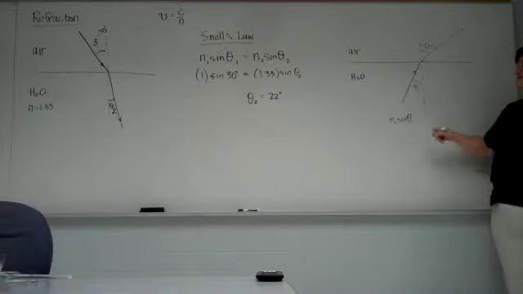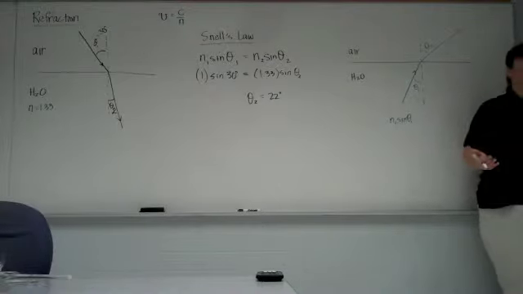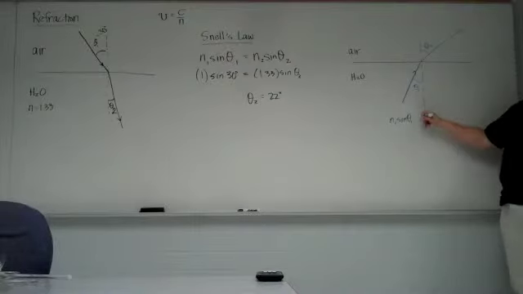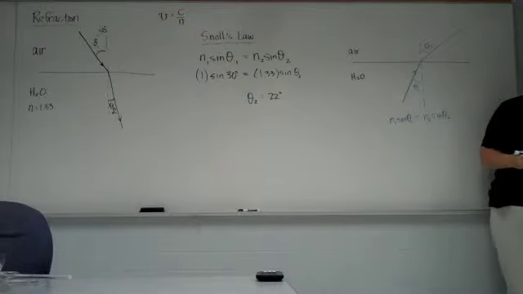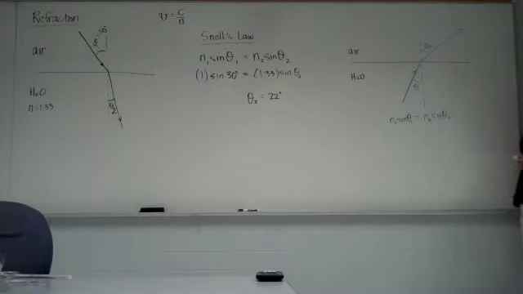The index of refraction times the sine of the angle in whatever the first material happens to be has to equal the index of refraction times the sine of the angle in the new material where the light happens to be. Okay. So if the light originates in a low index of refraction, going to a higher index of refraction, the angle will get smaller. If the light originates in a higher index of refraction, going to a lower index of refraction, the angle will get bigger. Okay.